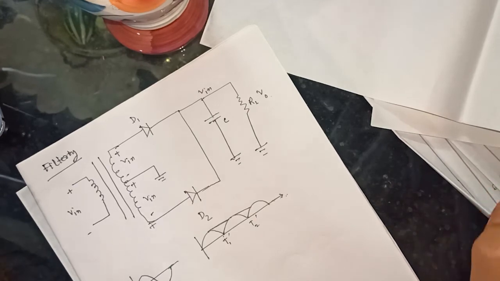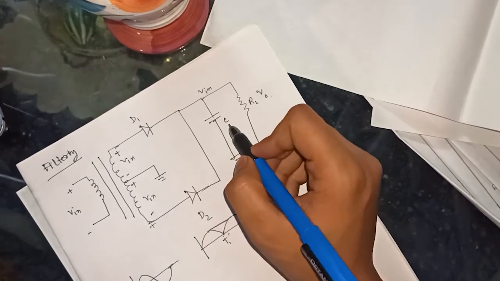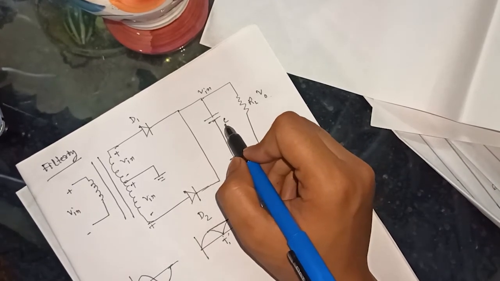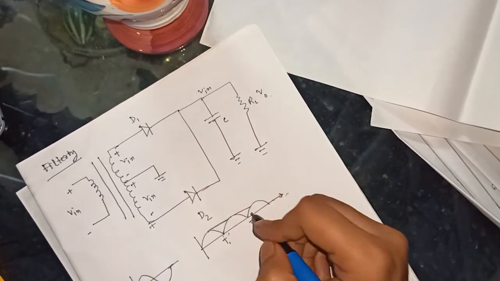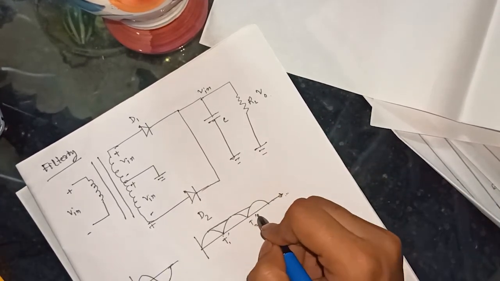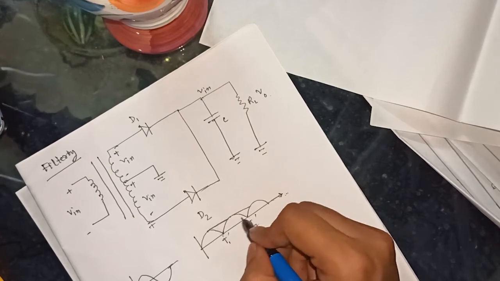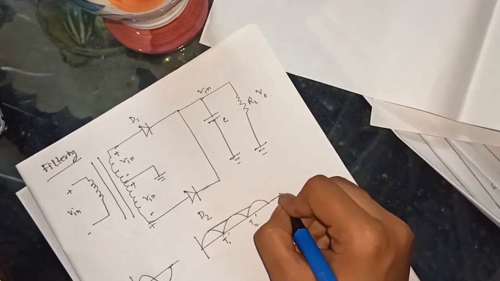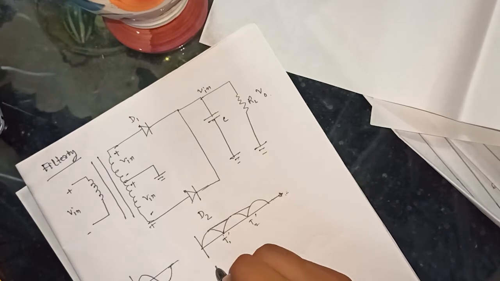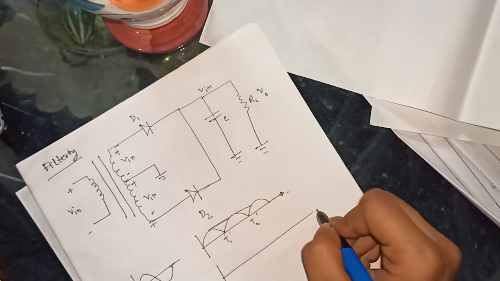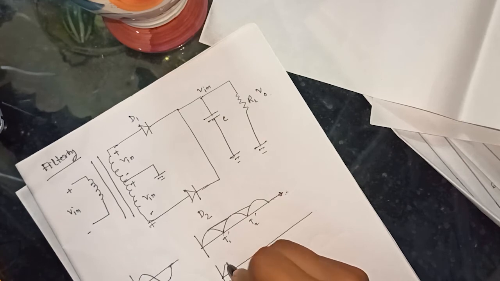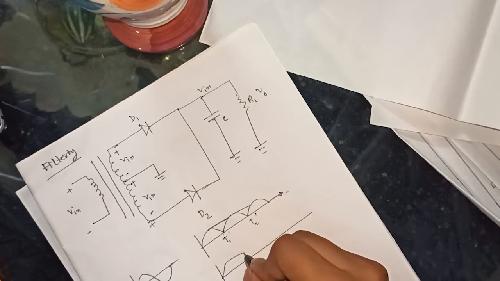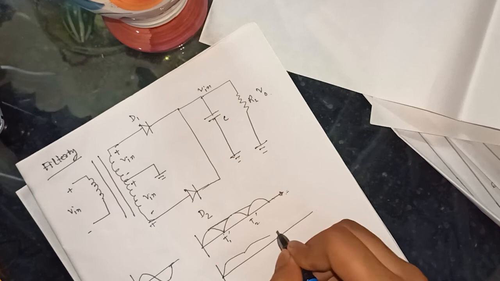In this way, by adding a capacitor, which is called filtering, we can get the output like this, which reduces the ripple factor.